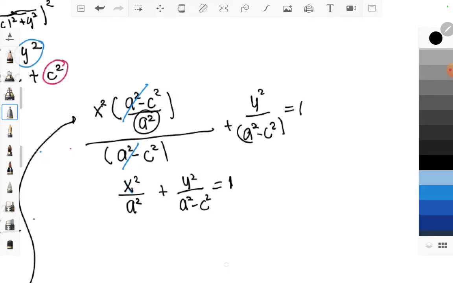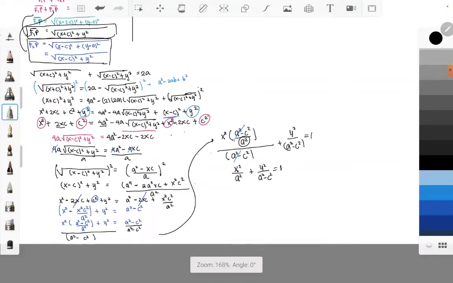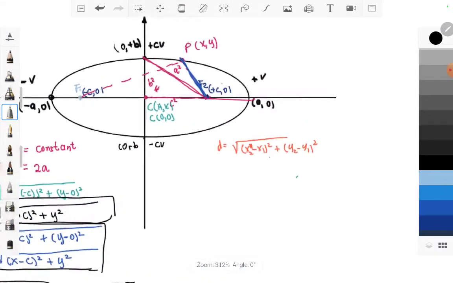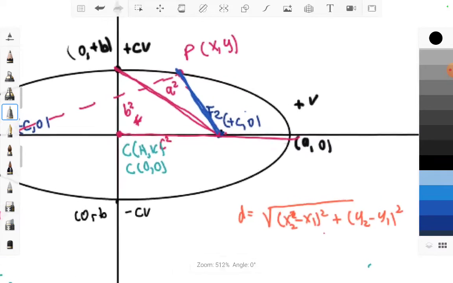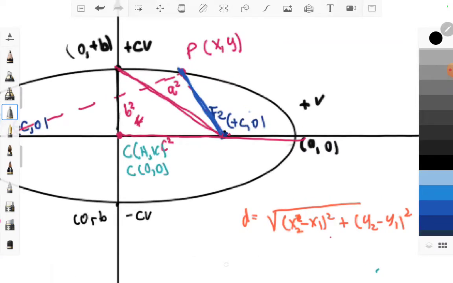Now, the best thing in deriving this equation is that you will familiarize yourself that since this is a value b and this is a value c, from our calculations earlier we can get it using the Pythagorean theorem, which is this value a.